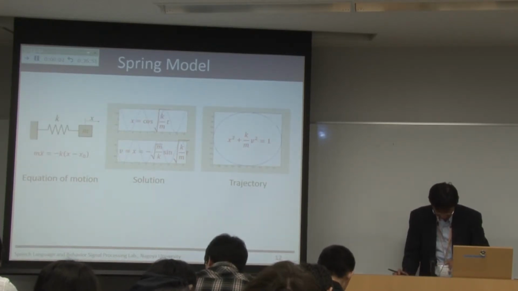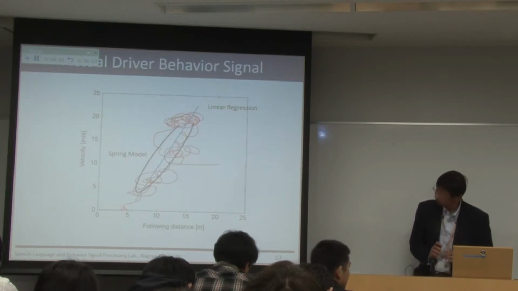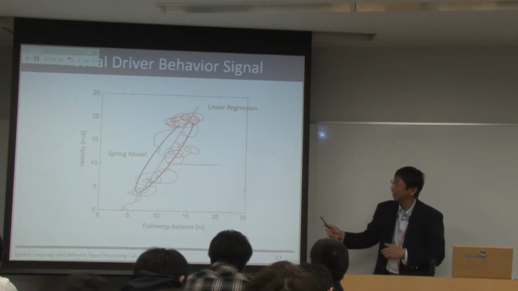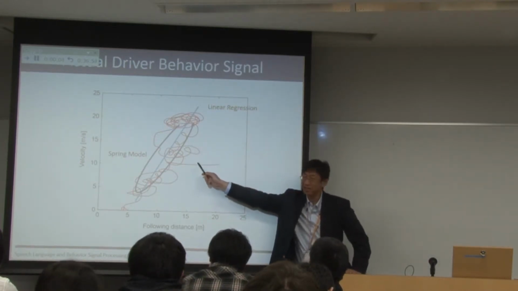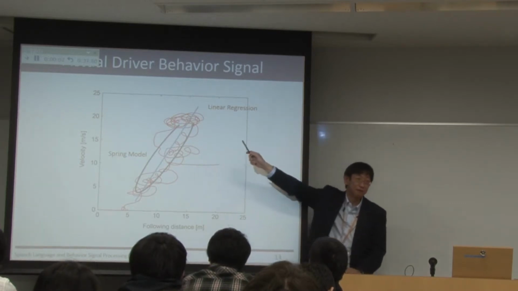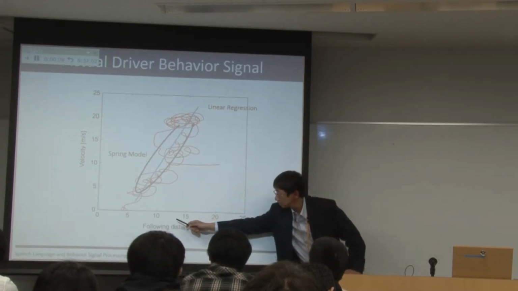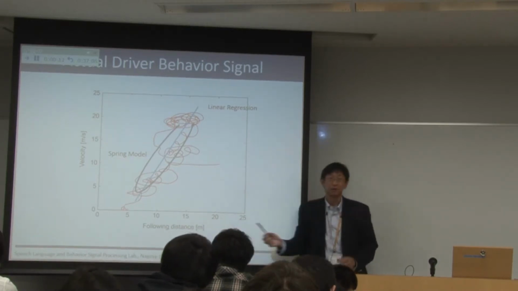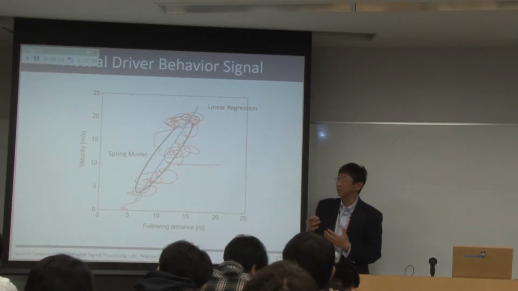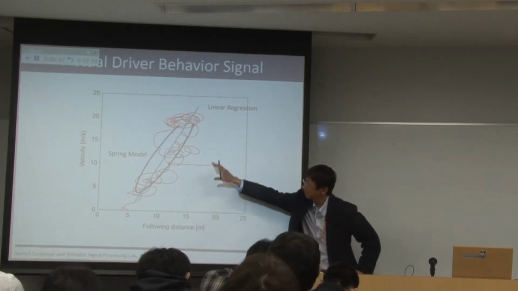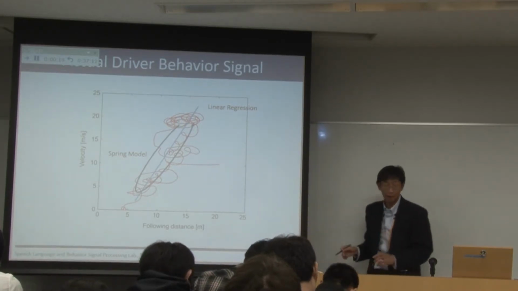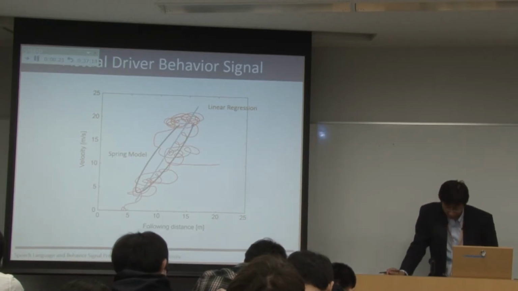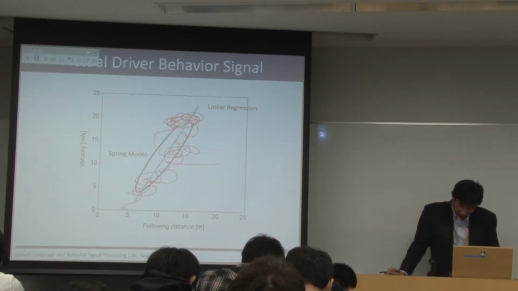Okay, so this is reality. The red line is a trajectory of a real driving situation. The horizontal axis represents the distance between the ego vehicle and the preceding vehicle, and the vertical axis represents the velocity of that vehicle.